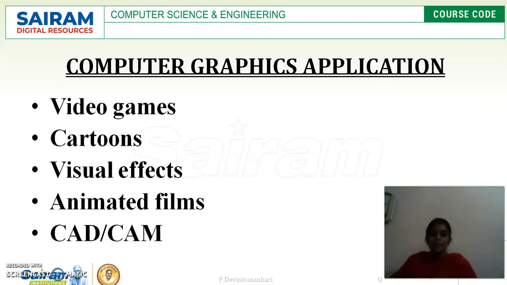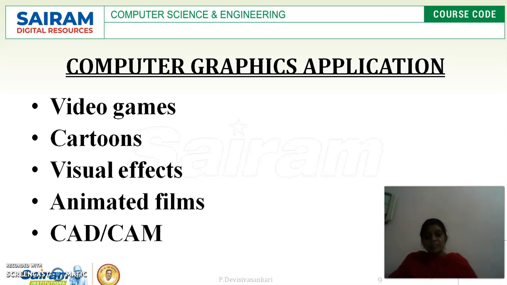Okay, and these are the different applications of computer graphics. It is mainly used for video games, to make cartoons and to give visual effects. By using superimposing, the visual effects will be given. The very best example is some movies, for example the Bahubali movie, right?